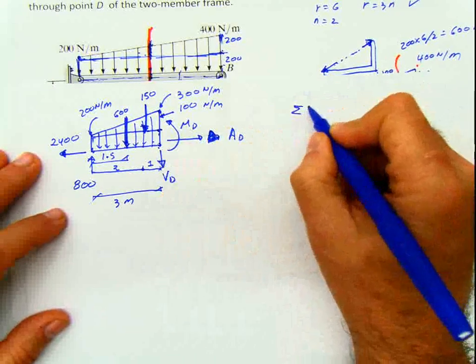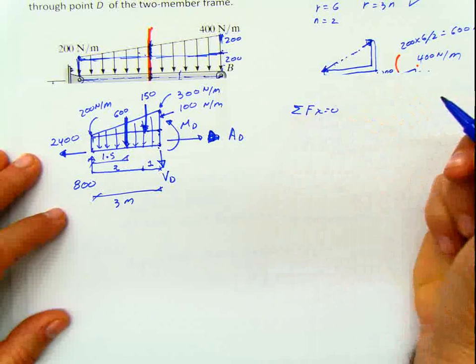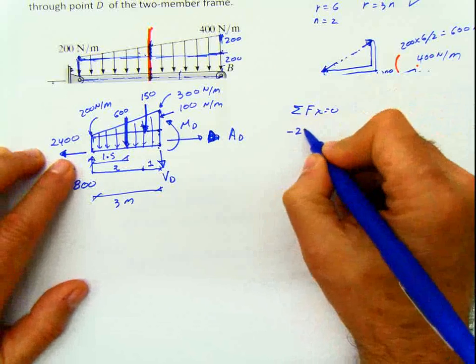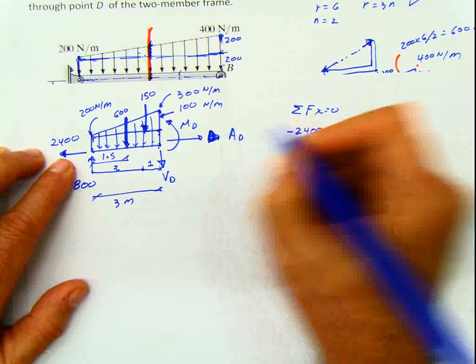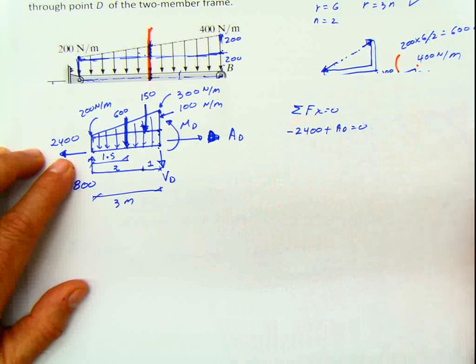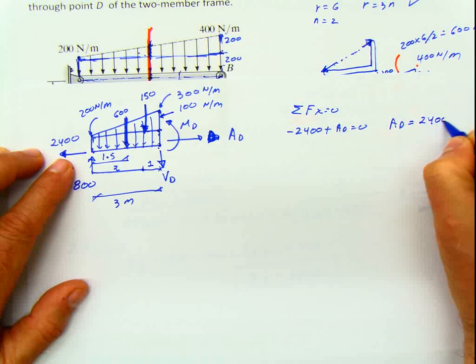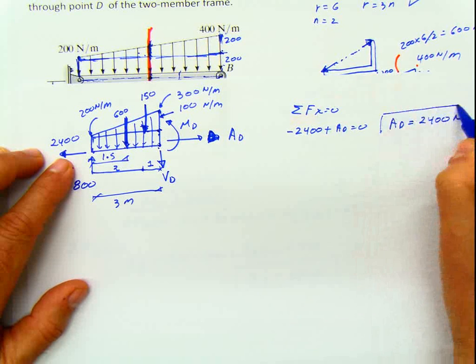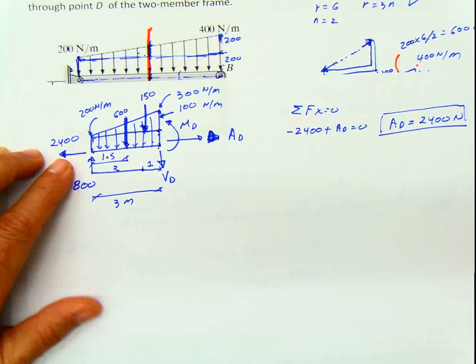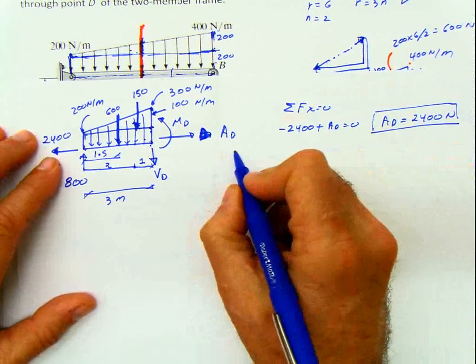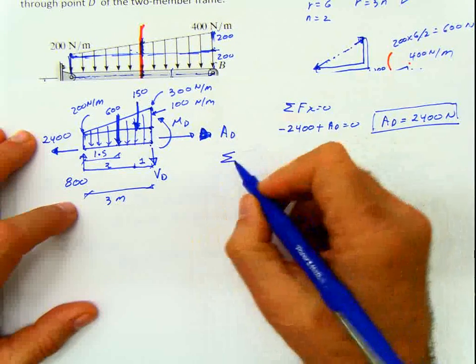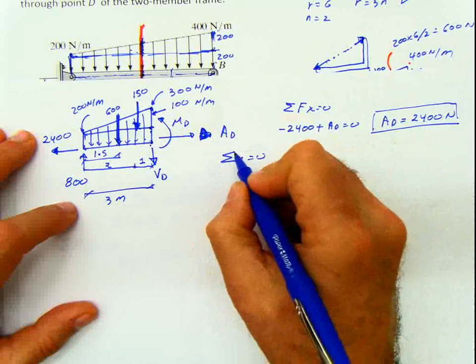Summation of forces in X equal 0. That's the easiest one. Negative 1200 plus AD equals 0, meaning our axial force is equal to 2400 Newton at the point D. Summation of forces in Y equals 0.